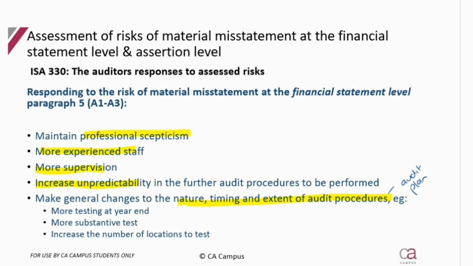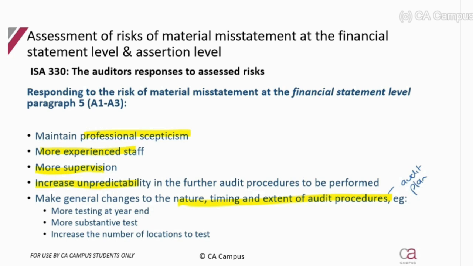So look at that example we just did where we said there was a risk at the assertion level for revenue because there is a specific revenue listing requirement. That risk at the financial statement level being listed now makes me realize when I come to auditing revenue, I need to change my initial audit plan for it to incorporate that additional risk that I found at the financial statement level. So what does that mean?